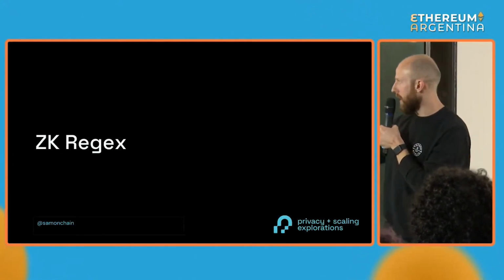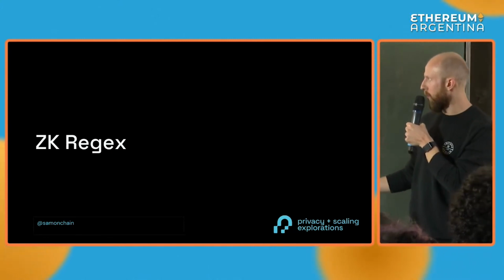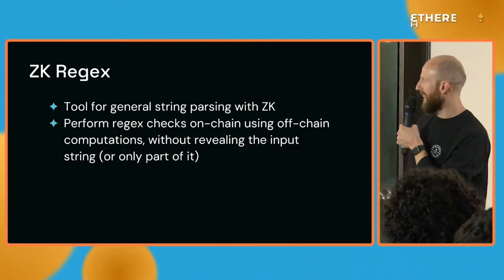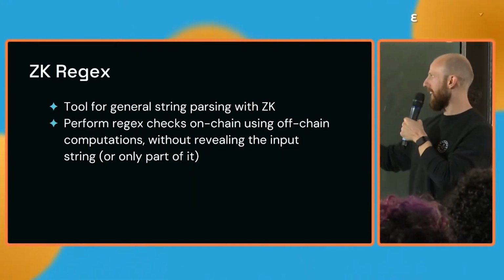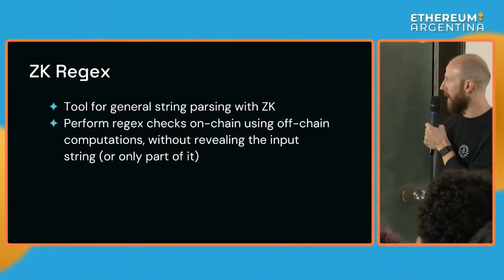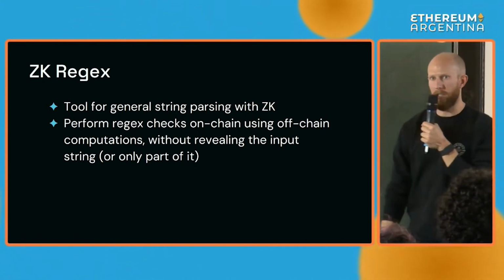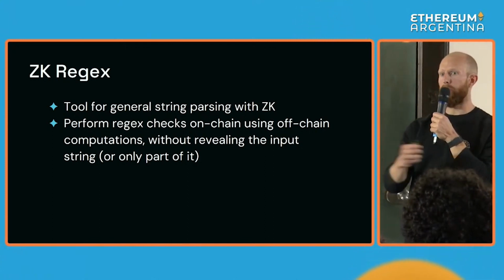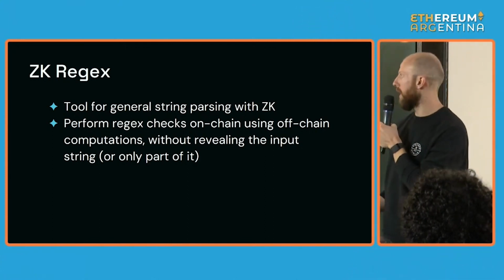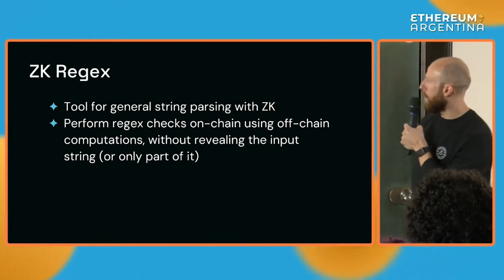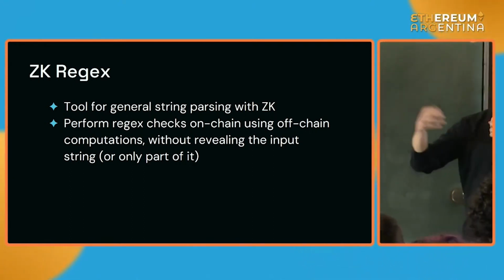And a team who we help support built this tool, ZK regex. You can probably guess what it does. It does regular expressions with ZK. It allows you to do some really interesting things, such as searching through any text input to potentially match on strings, with or without revealing some of that input.